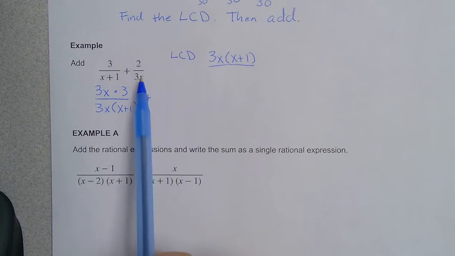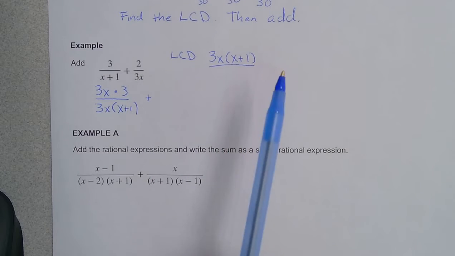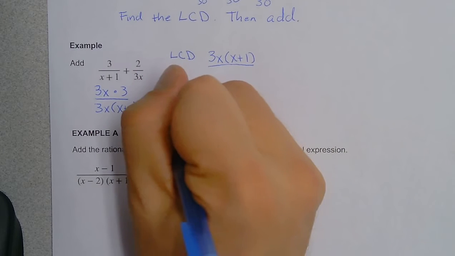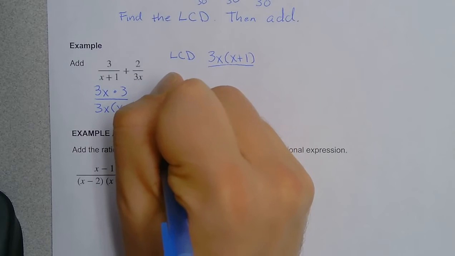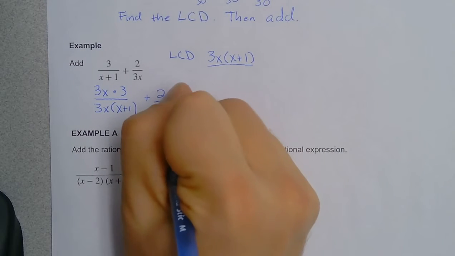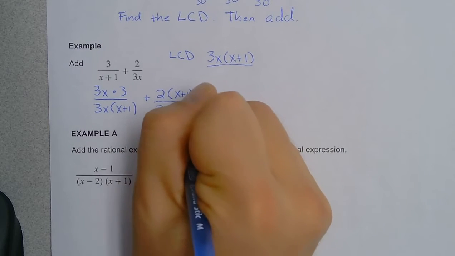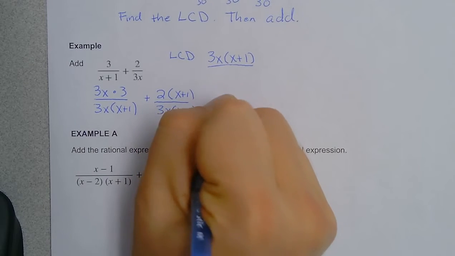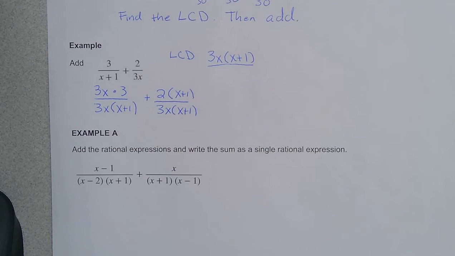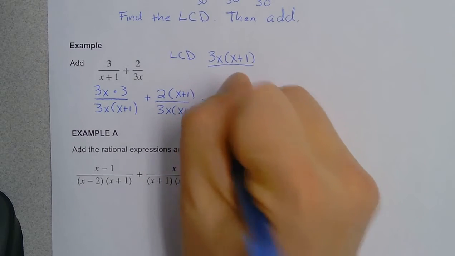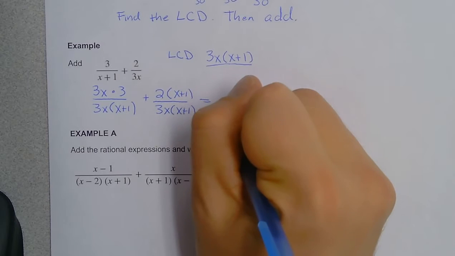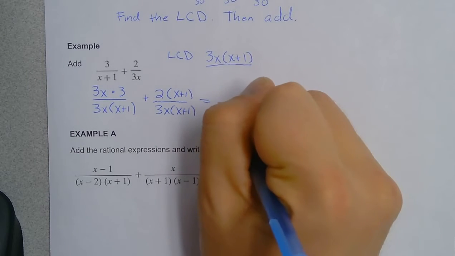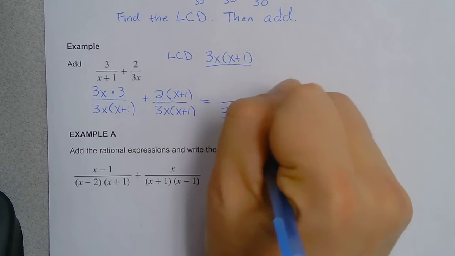And then if my denominator is 3x, I need to multiply the numerator and denominator by x plus 1. So 2 times (x plus 1) over 3x times (x plus 1). I'm going to keep the denominator the same here and write that as 3x times (x plus 1).